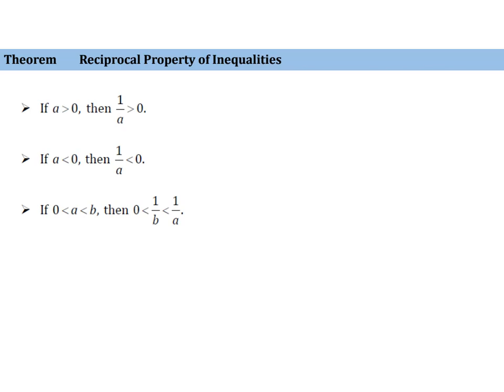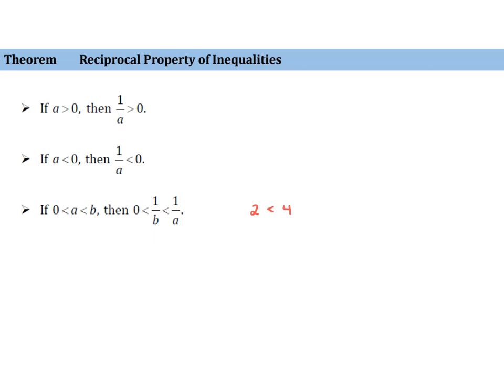Now, if we have a number a that's positive but less than b, both of the reciprocals will be positive, but the reciprocals will change which one's bigger. So, for example, 2 is less than 4.